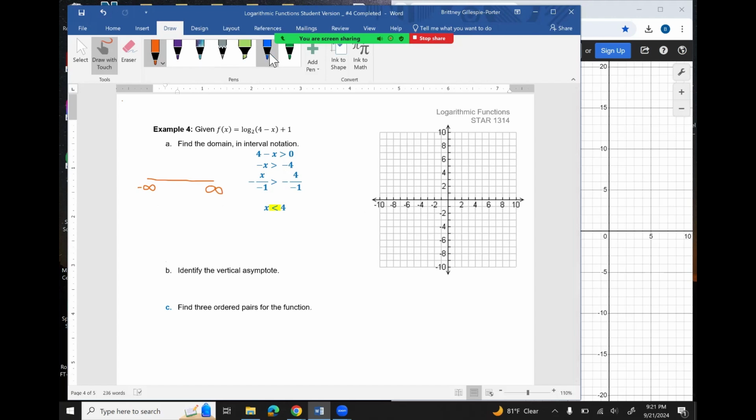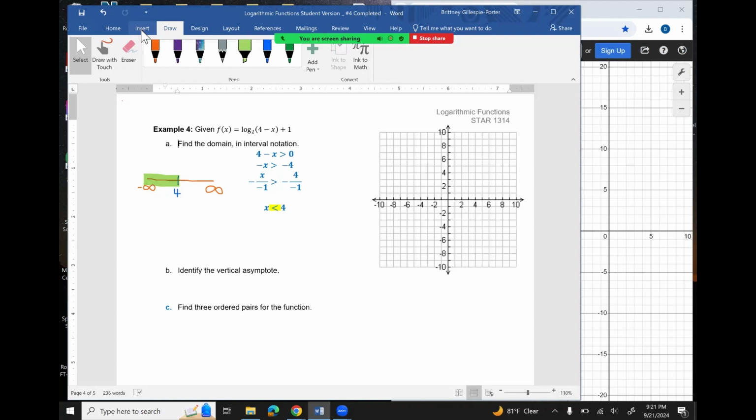And the only number that we have in our inequality is 4. So I'm going to put that smack dab in the middle. And this is why I kept the x on the left side, because whenever your x is on the left, our inequality tells us which way to shade. X less than 4. Less tells me to the left, which means that I am going to shade to the left.